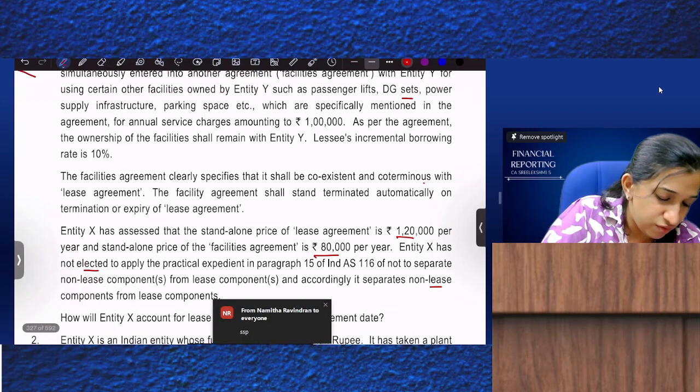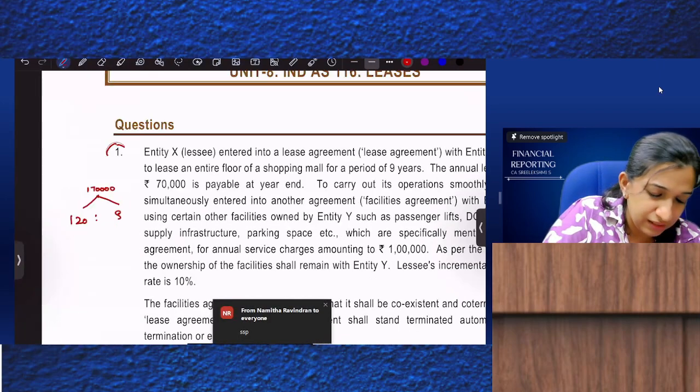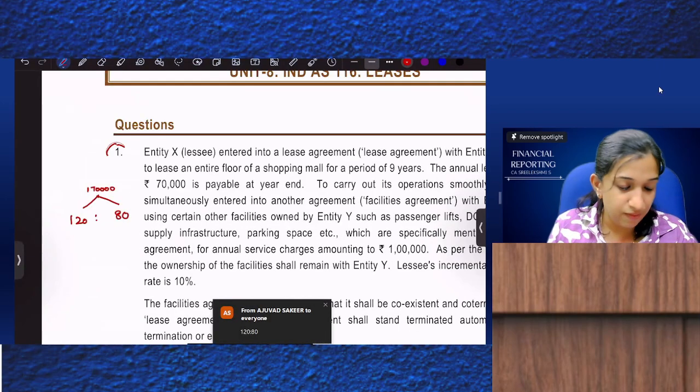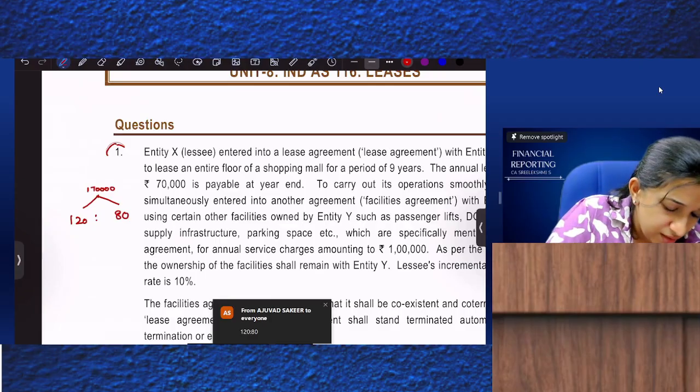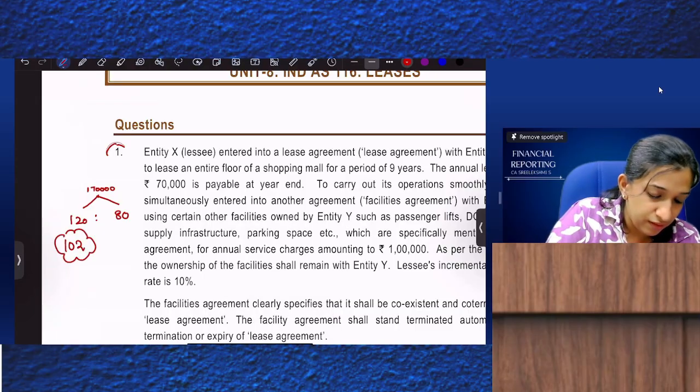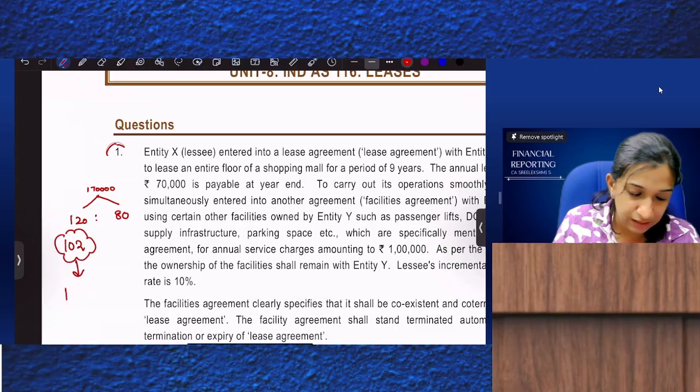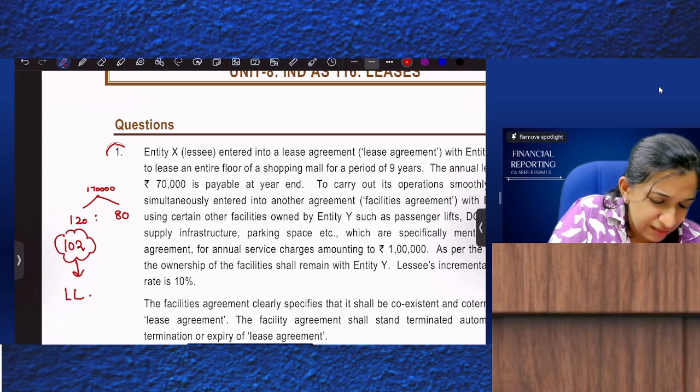So 120 is to 80. 170 into 120 divided by 200 gives 1,02,000, which should form part of lease liability. And the balance 68,000 should form part of maintenance.